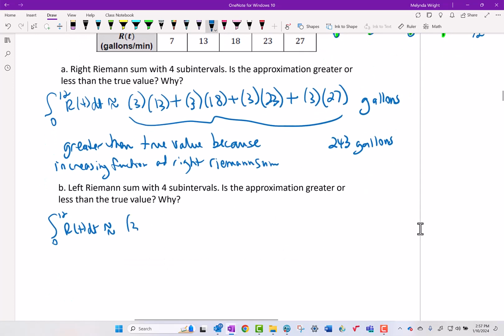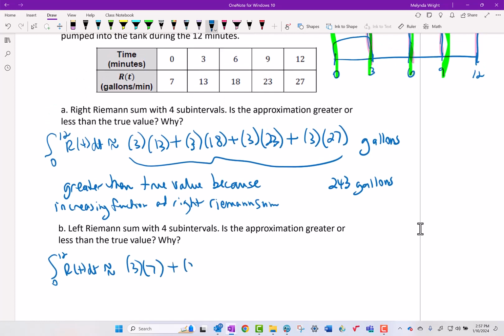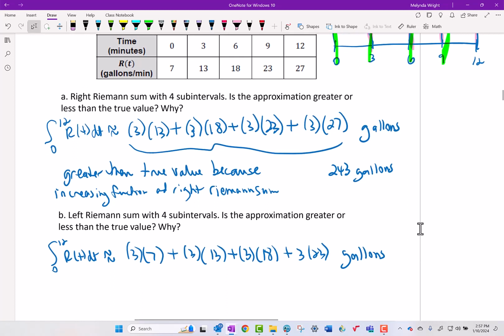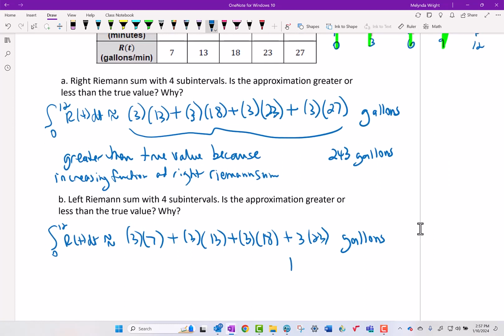So I've got 3 times 7 plus 3 times 13 plus 3 times 18 plus 3 times 23. And again, we could leave that as our answer, gallons. Or if you wanted to do the calculations, it'd be 183 gallons.